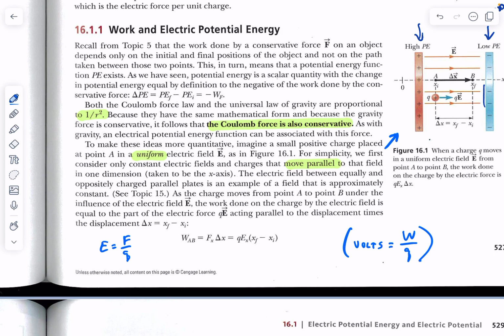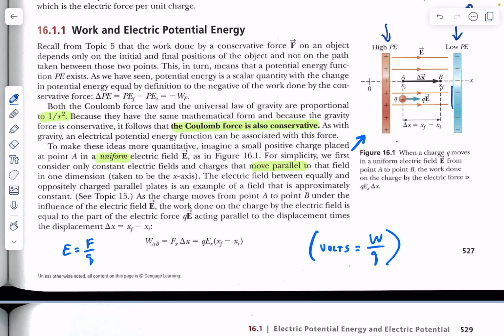Now, in this diagram over here, we have two metal plates, and as is our convention, we draw our electrical field lines representing the strength of our electrical field going from the positive to the negative. And in this particular diagram, you'll notice that we have a positive charge right there. The electrical field is going to act on that positive charge, and the positive charge is going to move from the left towards the right. Now, there are a number of different ways we can think about this.